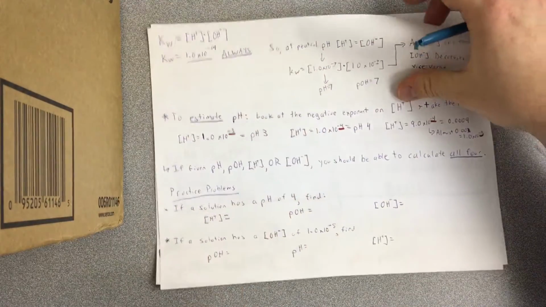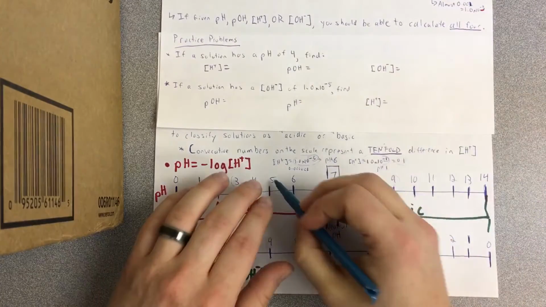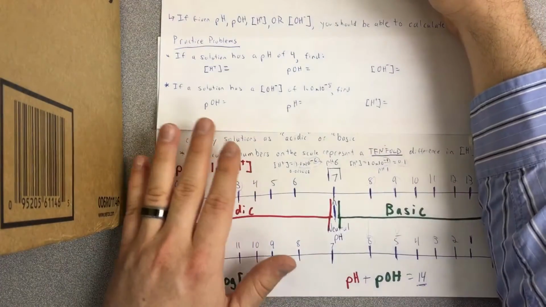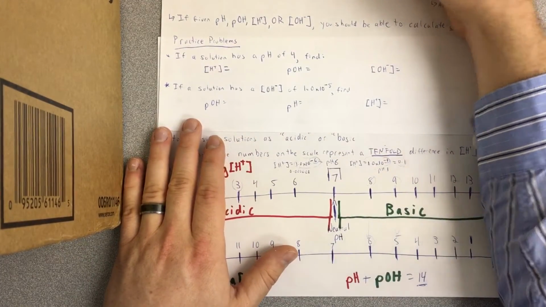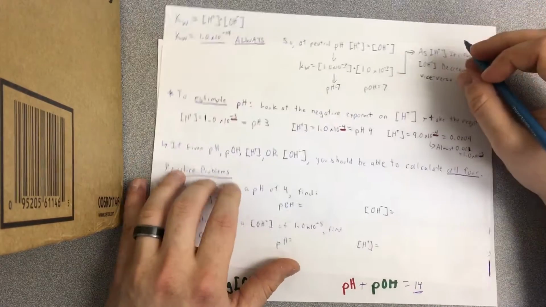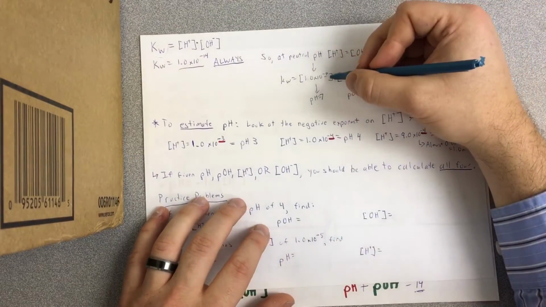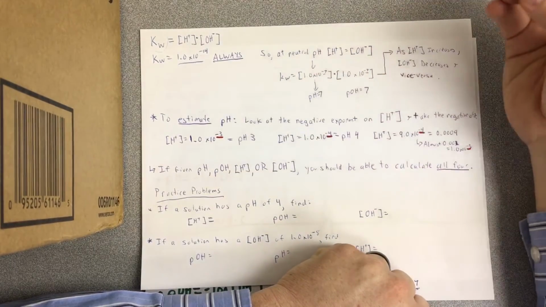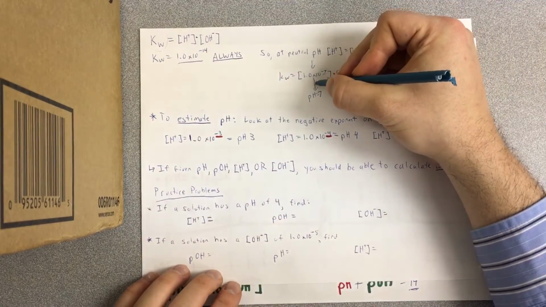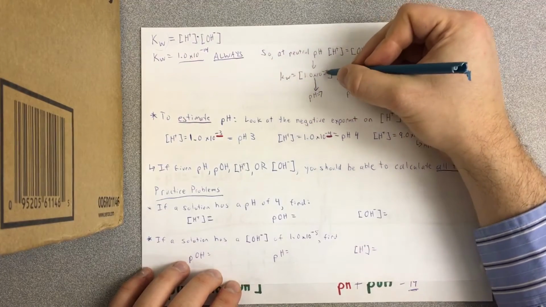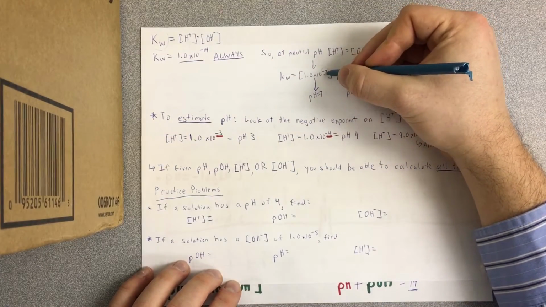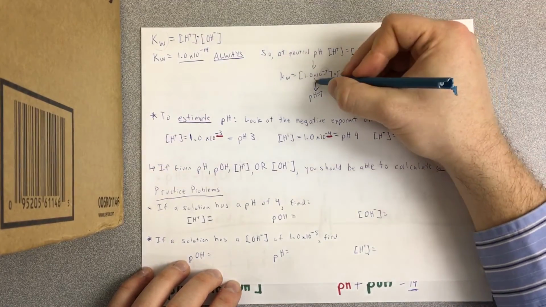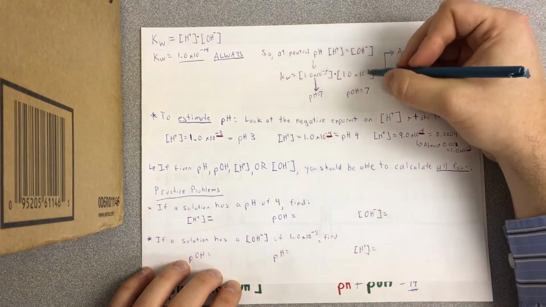As we saw here on the log scale, if we look at the negative exponent and take the negative of it, that tells us what the corresponding pH and pOH values are. And that tells us that at an H plus concentration of 1 times 10 to the negative 7, that would give us a pH value of 7.